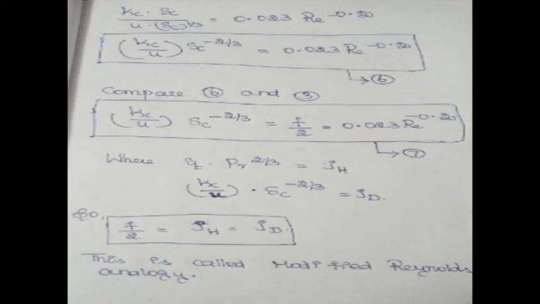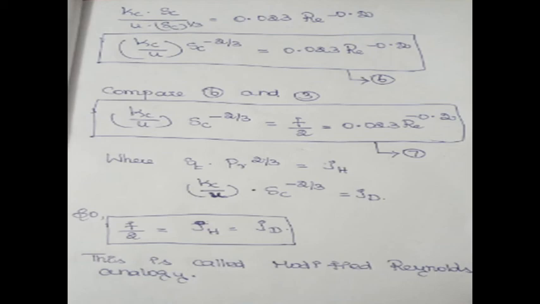Refer to the fourth expression: Stanton into Prandtl power minus 2 by 3 is equal to JH. JH is nothing but the j factor of heat transfer.